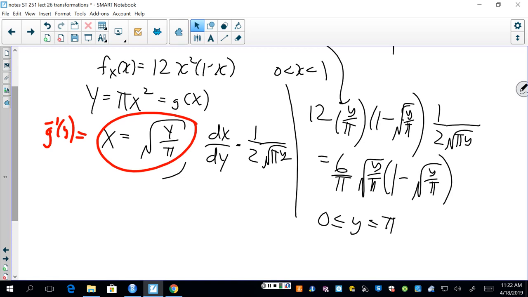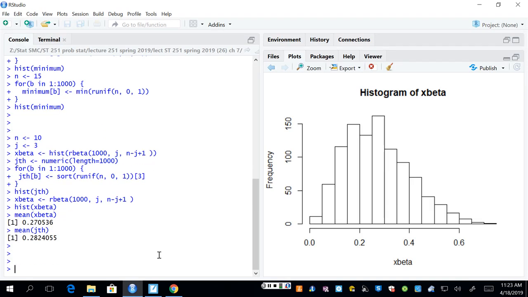So if you wanted to, you can calculate the mean, you can calculate the variance. We can plot it, and it relates to simulation. So let's do a big number of betas. I did that before. I'll just call it x2 for no particular reason.